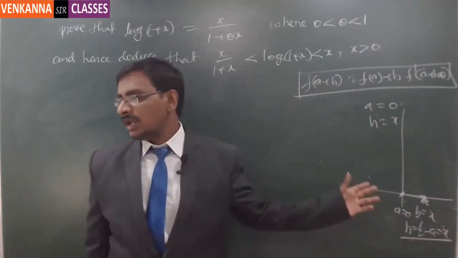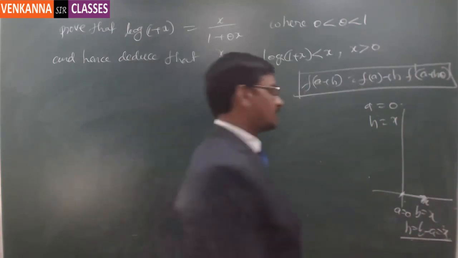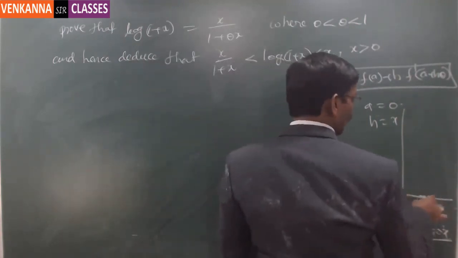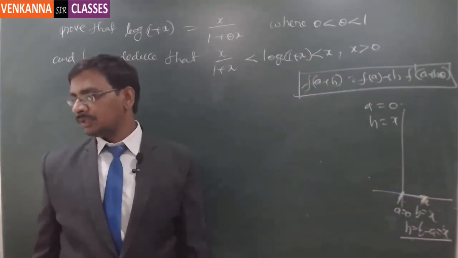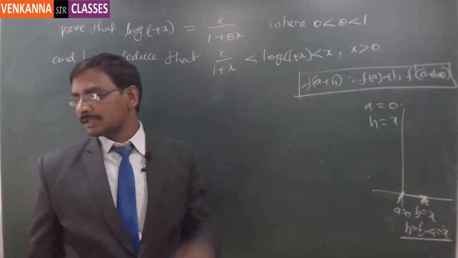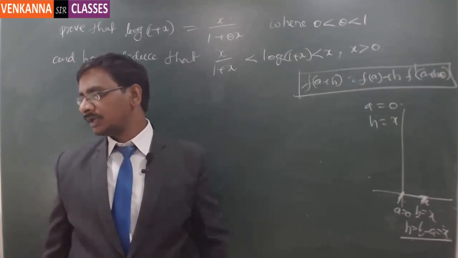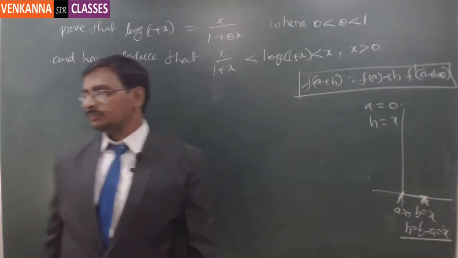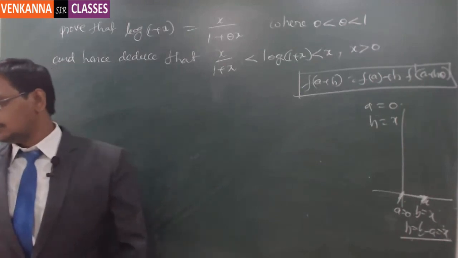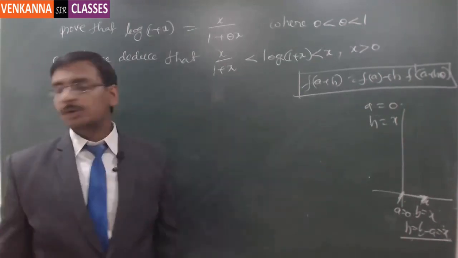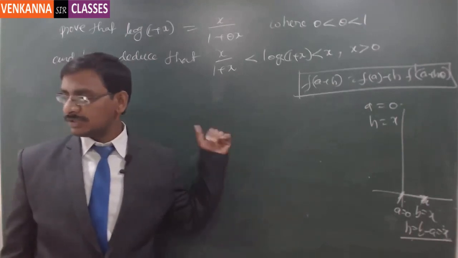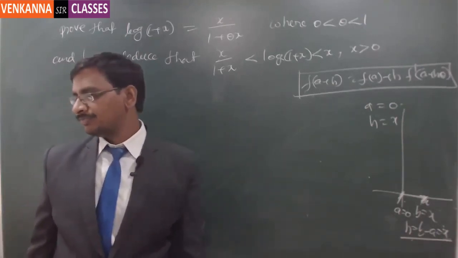So this is Lagrange's mean value theorem expanded in between 0 and x for any random function. That random function is log of 1 plus x. Clear? Akhil? Yeah. So with this assumption, you will be able to prove that easily. Exactly the same procedure we have done in the previous problem.